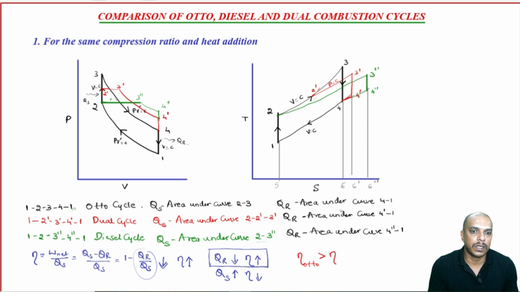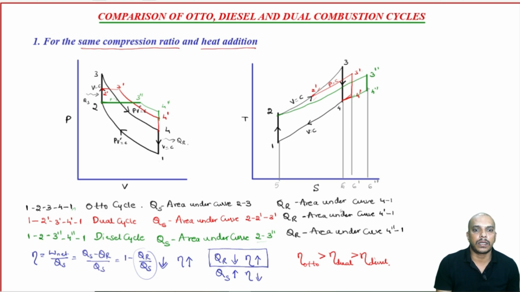Then comes the dual cycle and then the diesel cycle. This holds true only when we are talking about the same compression ratio and the same heat addition. We can conclude that the efficiency of the Otto cycle will be greater than the efficiency of the dual cycle, and it will be greater than the efficiency of the diesel cycle. Okay. Thank you.